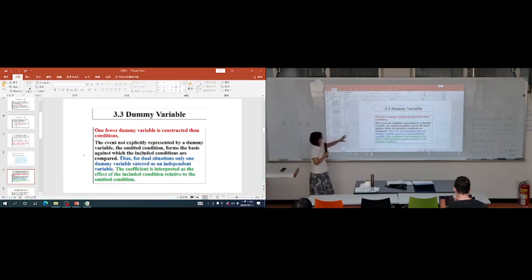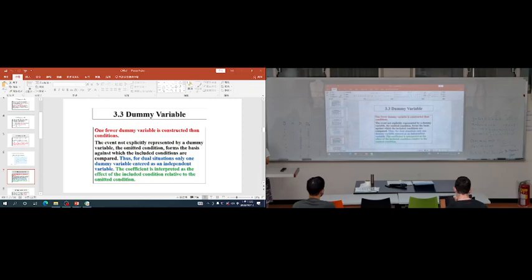One fewer dummy variable is constructed than conditions. So if you have 3 categories, you use K minus 1, 3 minus 1, so one fewer dummy variables. This is what I'm saying here.